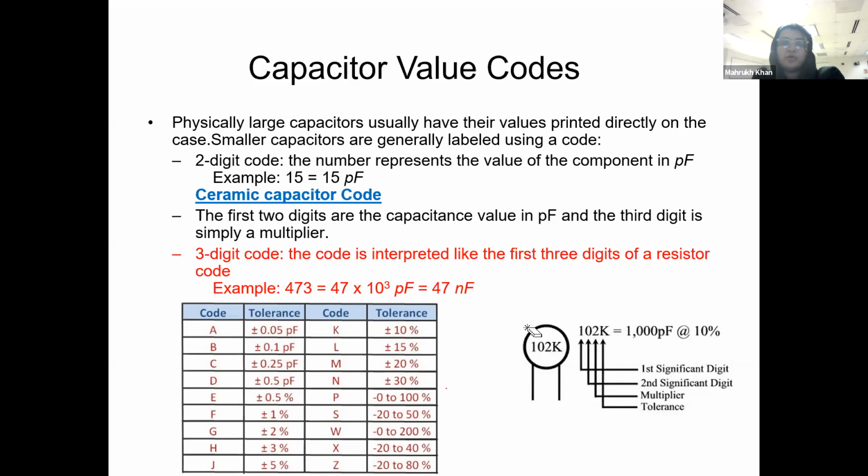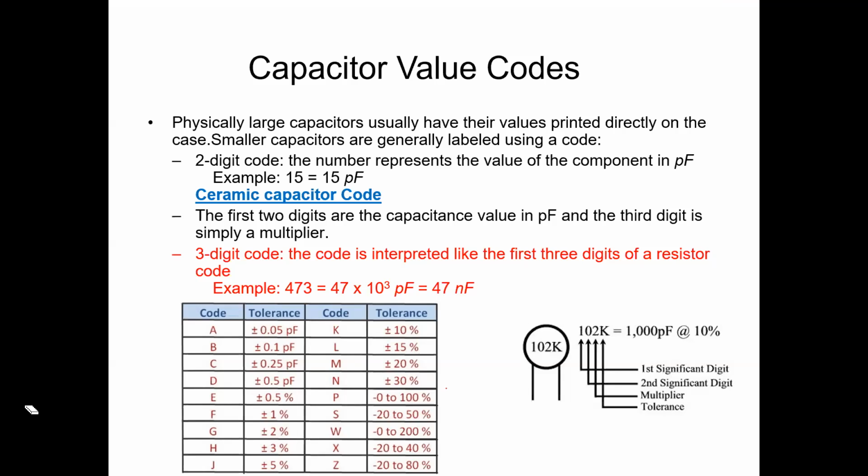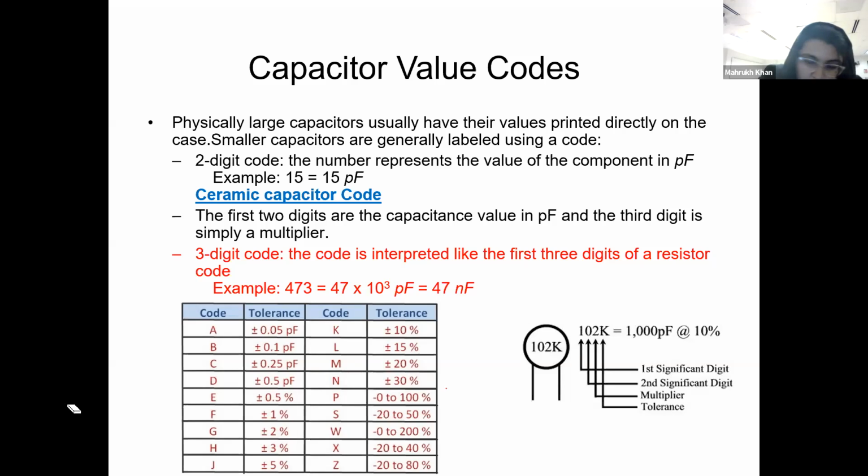Okay, so you're good with how this 100 microfarad comes? Yeah. Okay, so let's take another capacitor from the bag and check the value. What is written on this other capacitor? 106K.